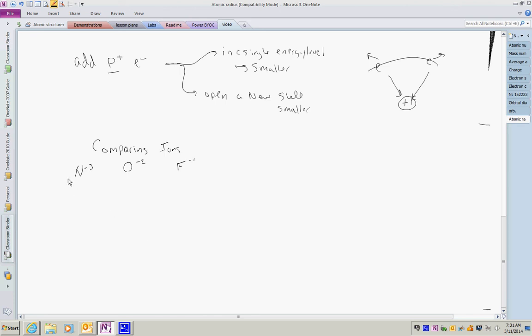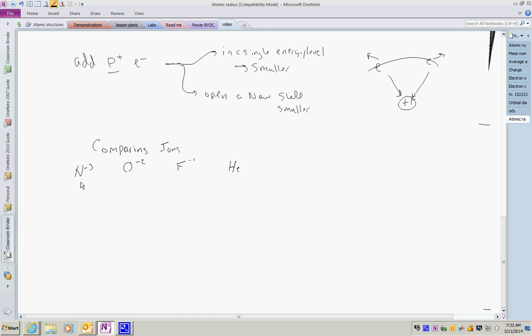Whenever I have a situation like that, I back up and I look at what's there. All of these, because they're attaining a full outer shell, you could also hypothetically include helium in this. Helium. And you might say, what's happening to our size here?